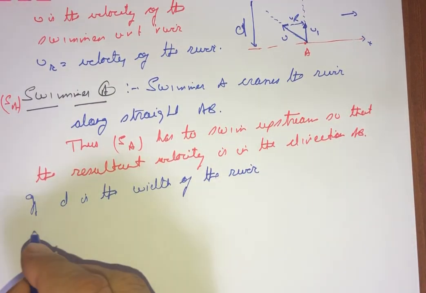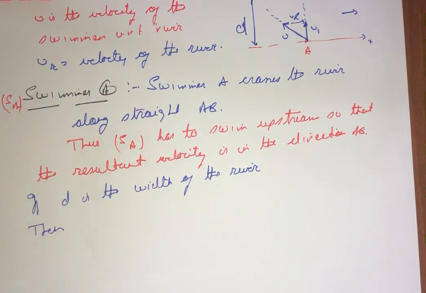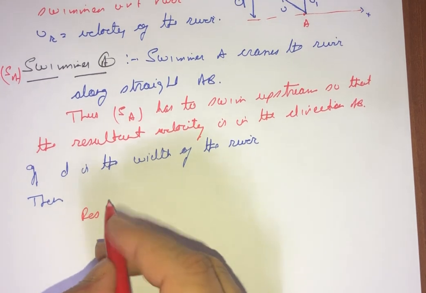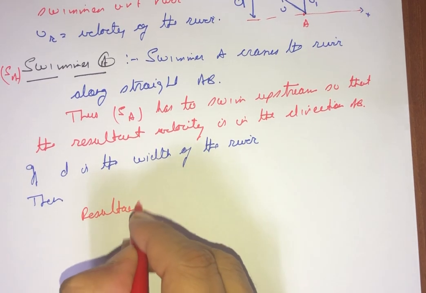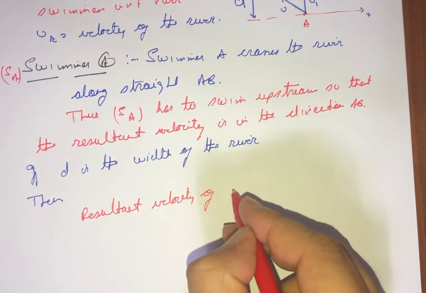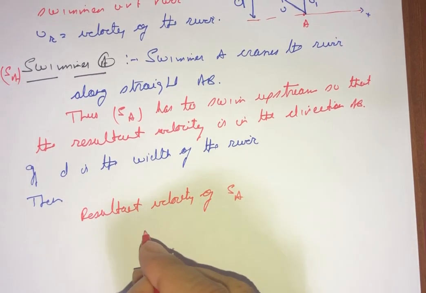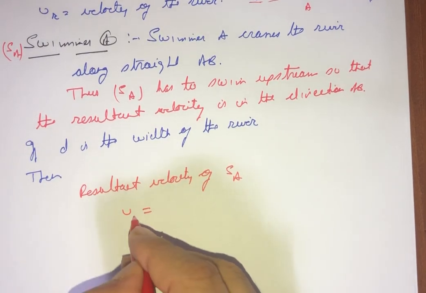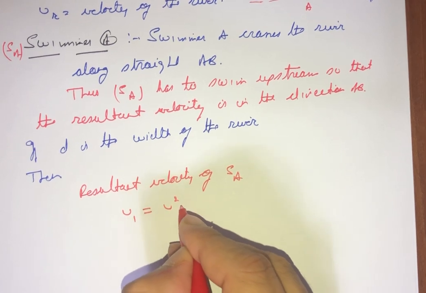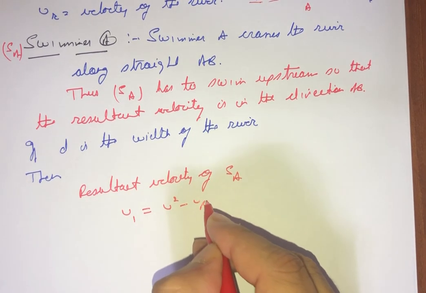then we can say the resultant velocity of swimmer A, that is V1, will be equal to the square root of V square minus VR square.